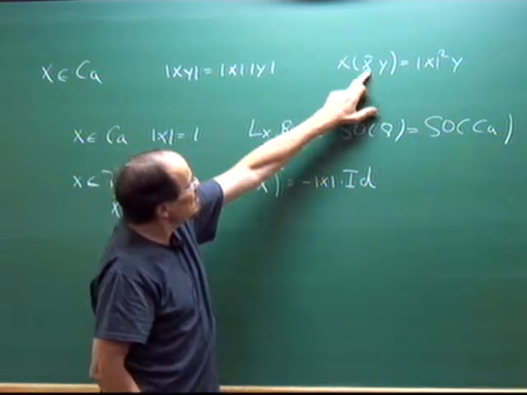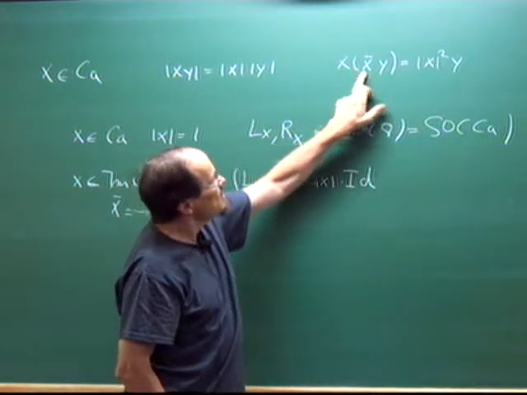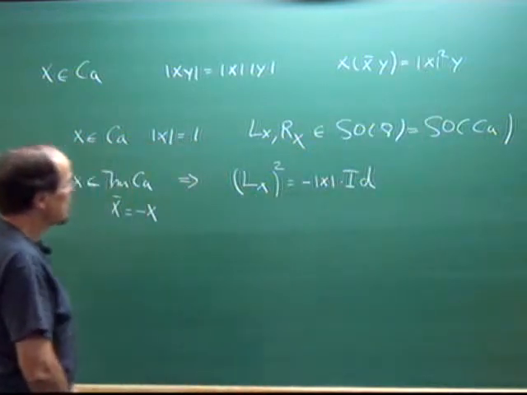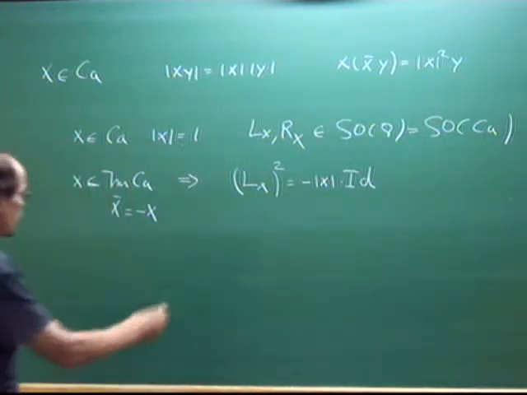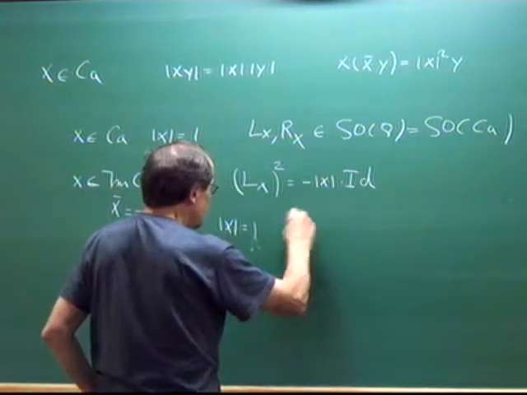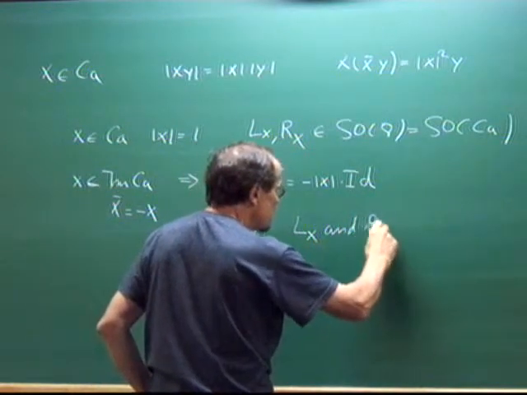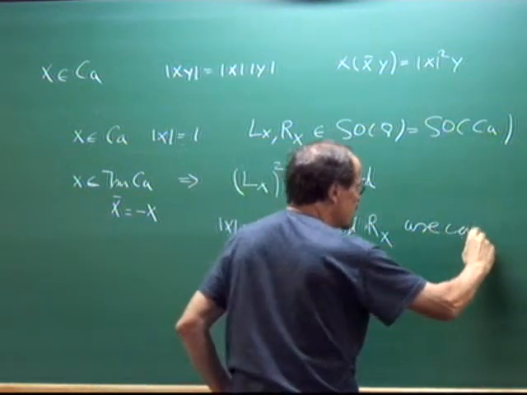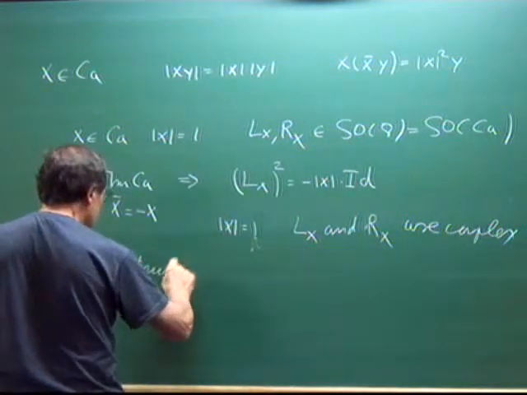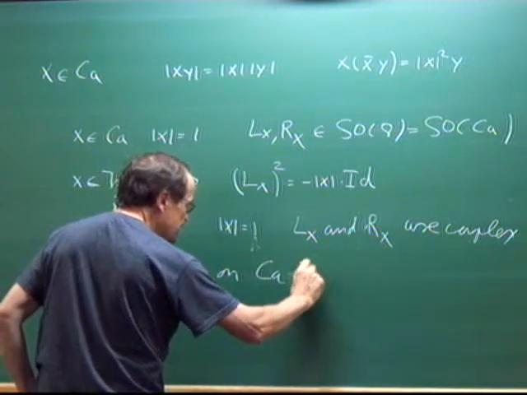So if I replace it with minus x, this is left translation composed with left translation, and that's then minus norm x squared times y, so minus norm x squared times identity. Particularly if norm x is equal to 1 in addition, then Lx and Rx are complex structures on R8, regarded as the Cayley numbers.